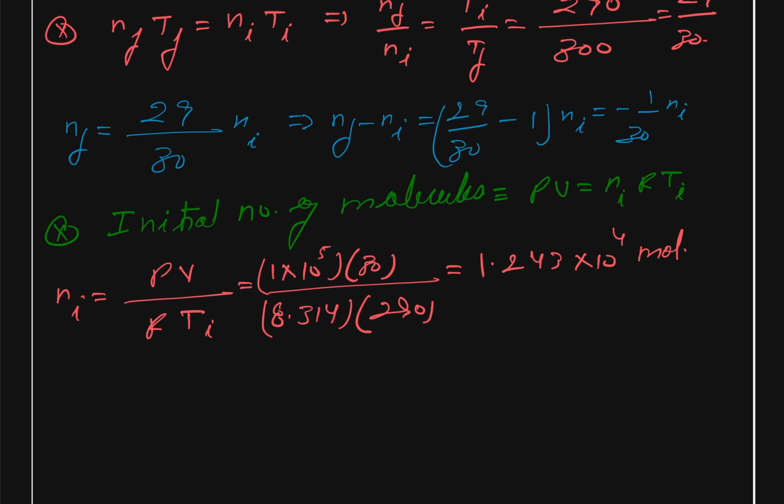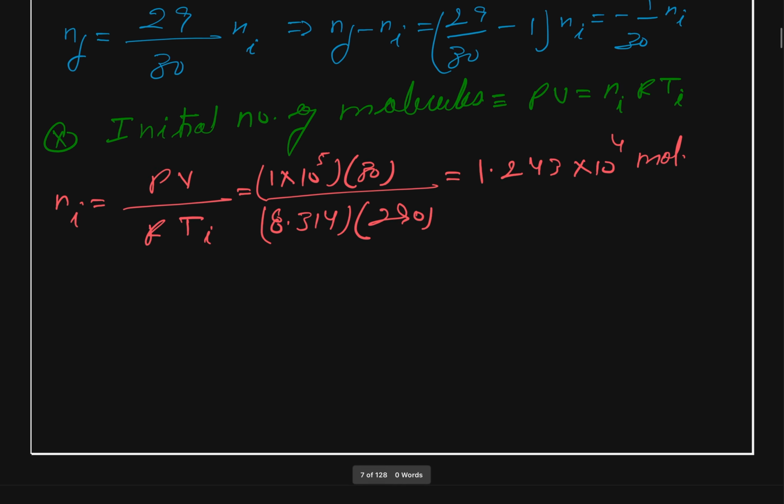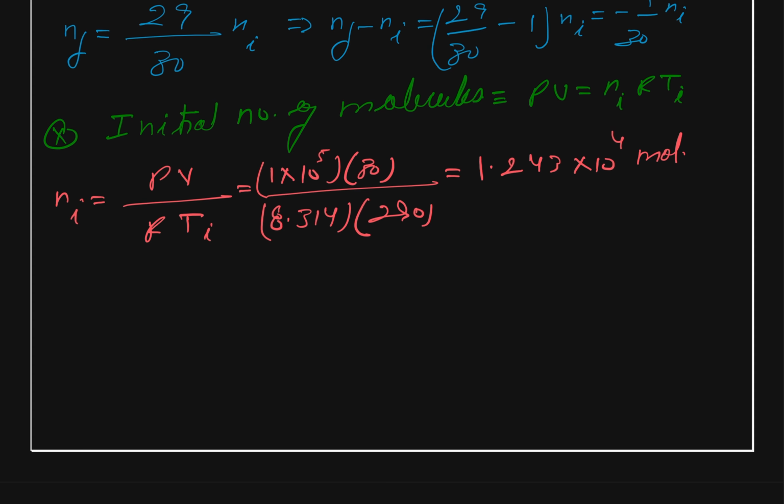And from here we can find out our number of molecules. So we can say the number of molecules, that is, suppose capital Ni, will be equal to number of moles multiplied by the Avogadro's number.